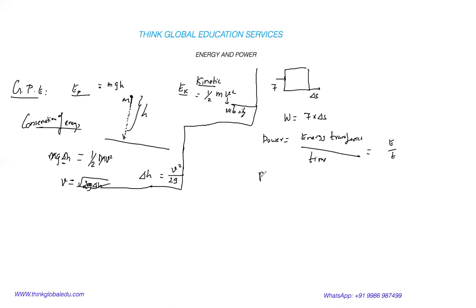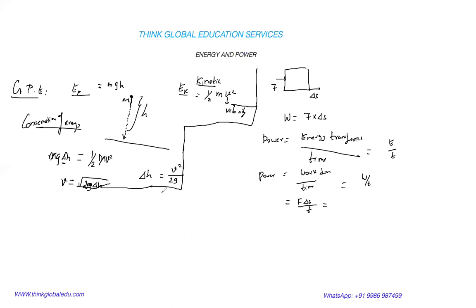You can also write power as work done divided by the time for the work to be completed. All of these quantities are the same. We can also write it as F delta S divided by t, that is, the force multiplied by the distance moved, divided by the time taken for the force to move the object a certain distance.